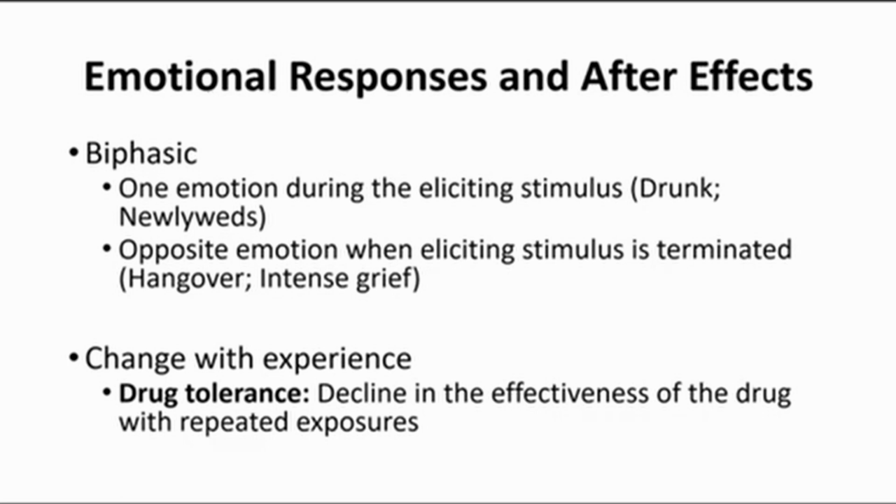Maybe you're more irritated, maybe you're feeling sick and unpleasant. So that's the biphasic aspect. The textbook also uses the example of newlyweds, where after getting married, a couple goes on their honeymoon and they feel affection, love and happiness. But after the honeymoon phase, they start feeling the opposite emotion.